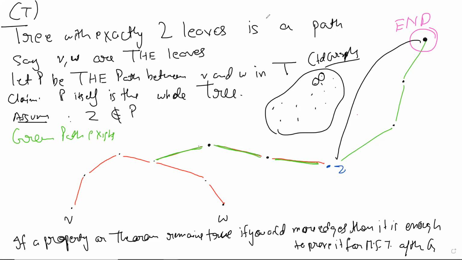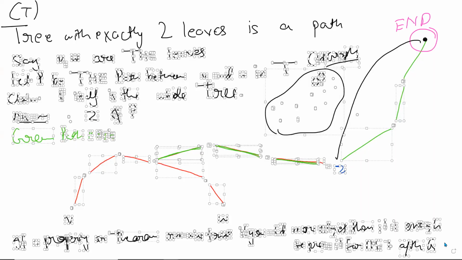So what have we proved so far? That a tree with exactly 2 leaves has to be a path.